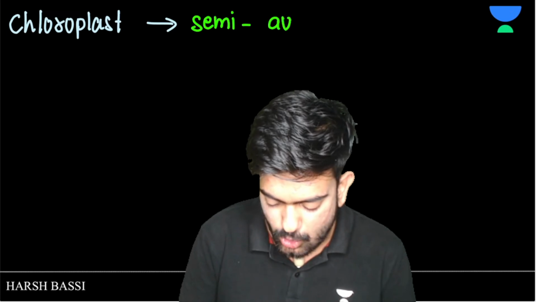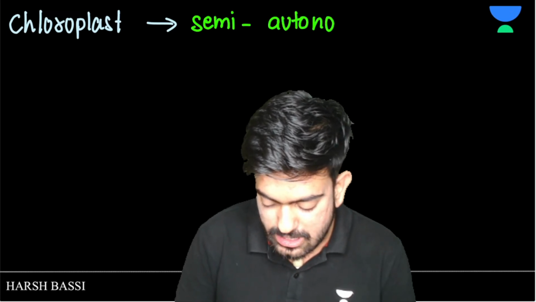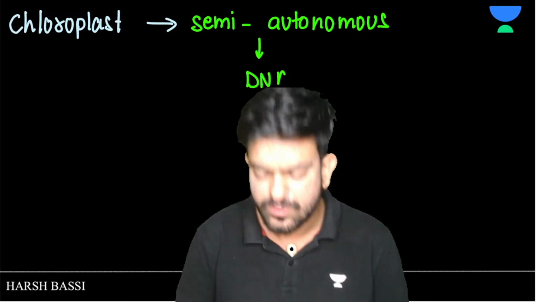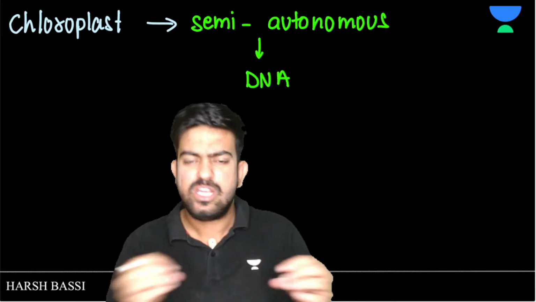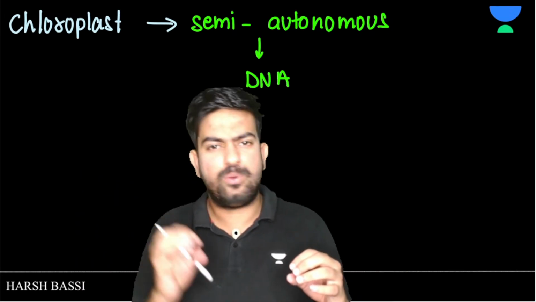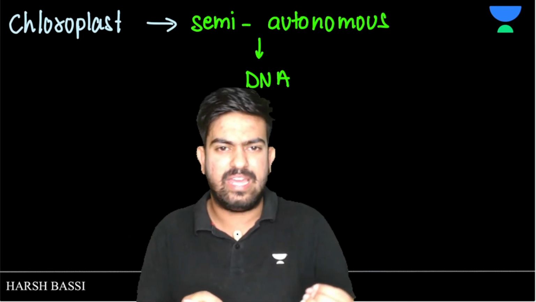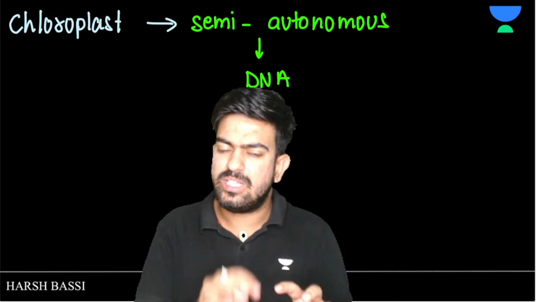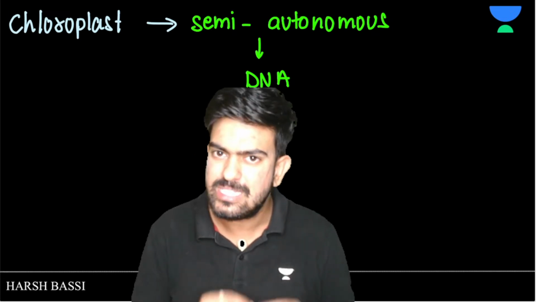It means it contains its own set of DNA, but this DNA is not so much that it can control everything. It can control some of the protein machinery, it can make some of the mRNA, and it can do small work. This condition is known as semi-autonomous.